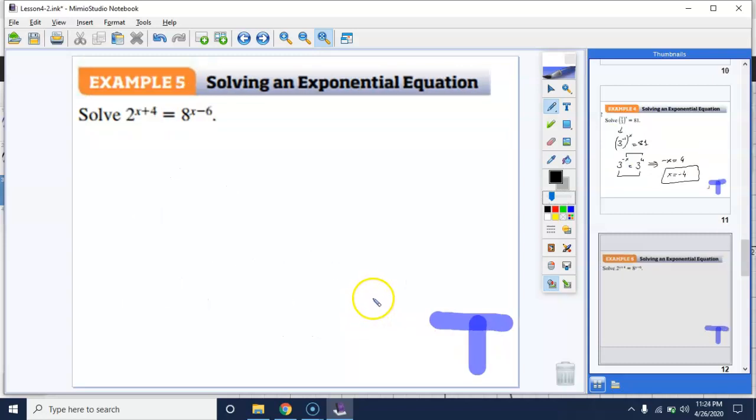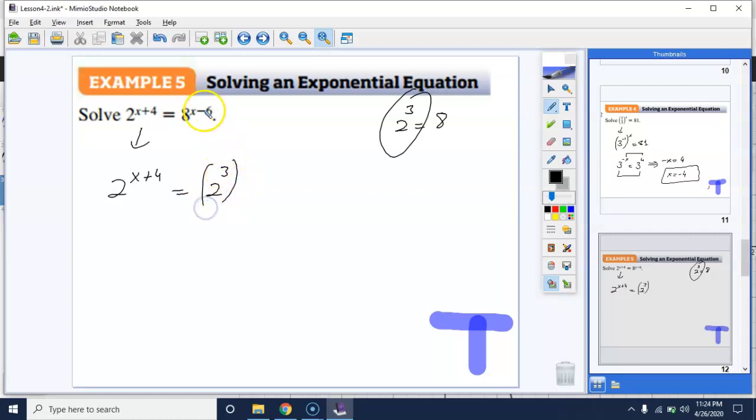And let me show you this one. The first one is 2 to the power x plus 4. For 8, how can I write this in terms of 2? I know that 8 is 2 to the third power. So I'm going to write 8 this way: 2 to the third power, to the power x minus 6.